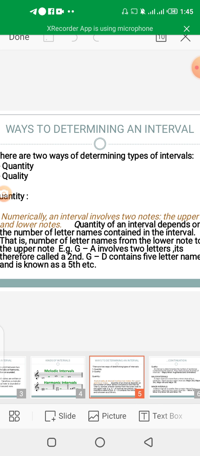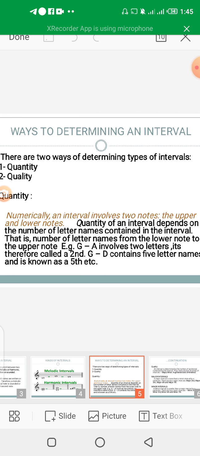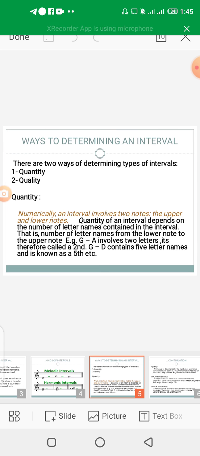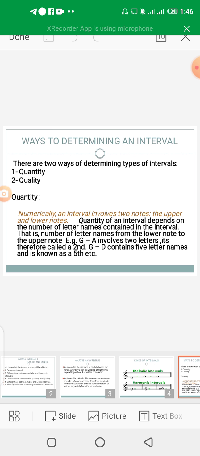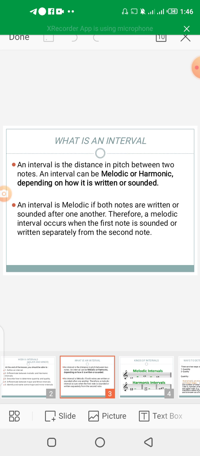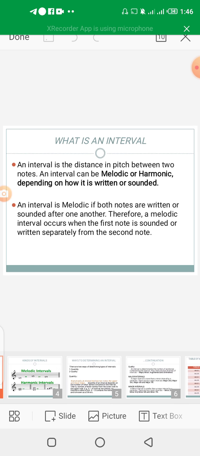Ways to determine an interval. Remember, we said an interval is the distance in pitch between two notes.